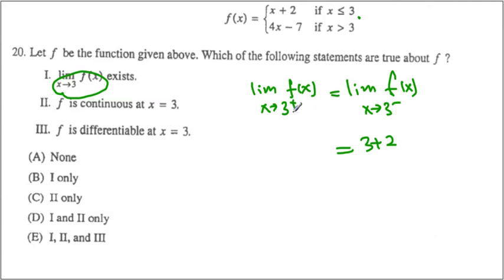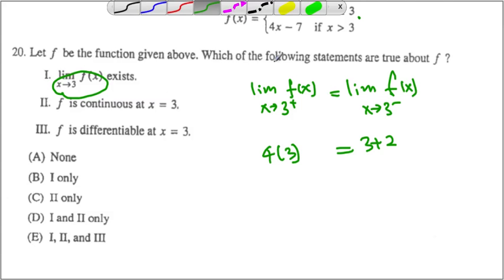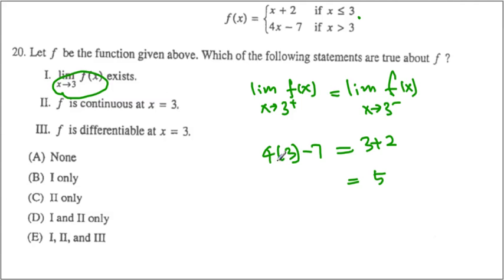Is that in fact equal to, from the right, 4 times 3 minus 7? We get to realize that 5 is equal to 5, so we know that they are equal to each other.